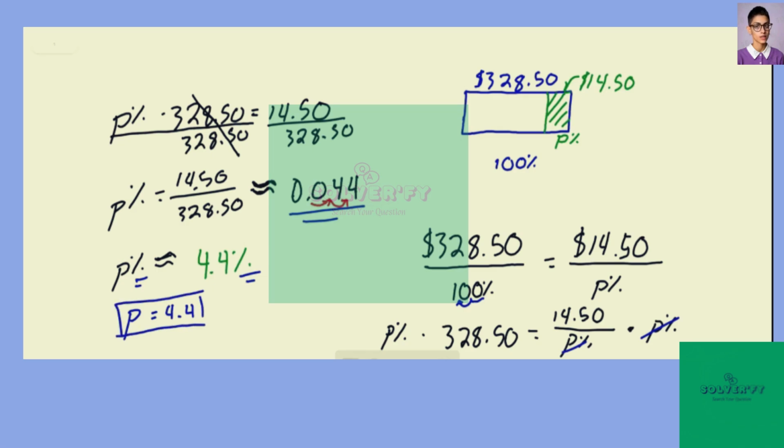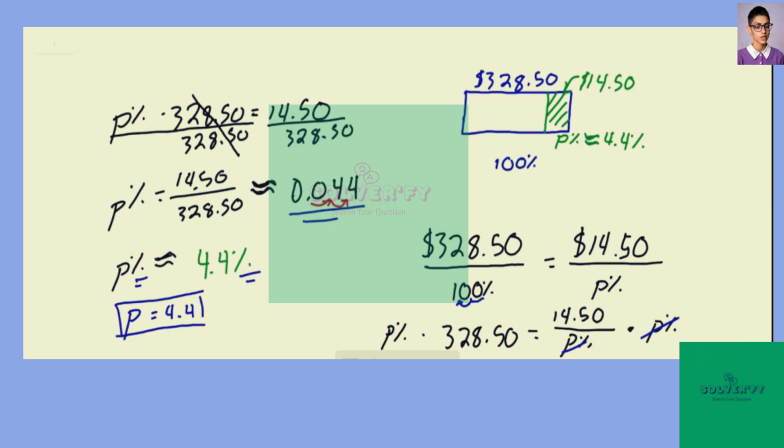All right, so let's check up here. Our P percentage, we're now saying, is going to be equal to 4.4%, because P is 4.4. And let's check and see whether or not that makes sense intuitively. If I'm looking for 4.4%, maybe I just think of that as being pretty close to 5%. And so we could do 5% of this big blue rectangle.